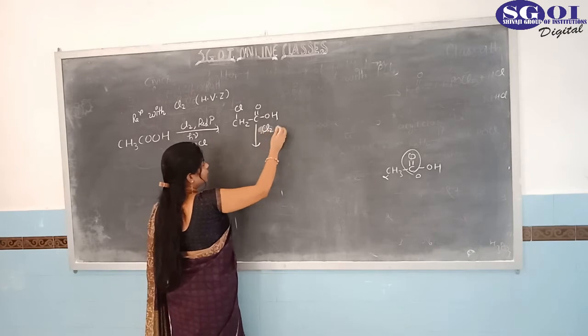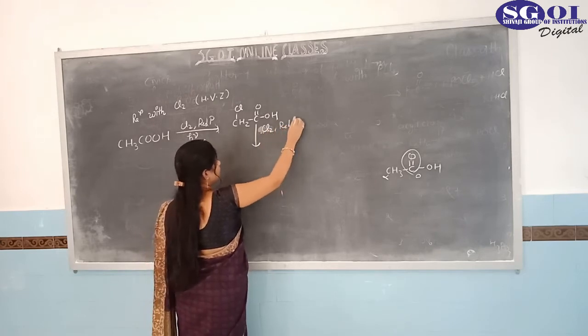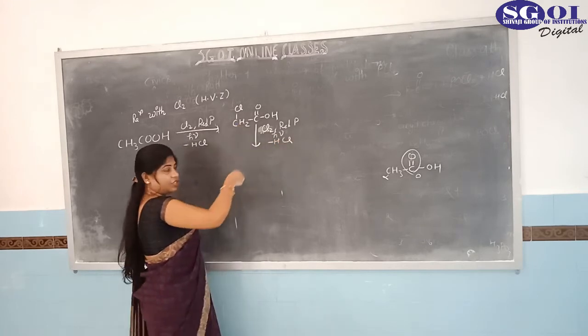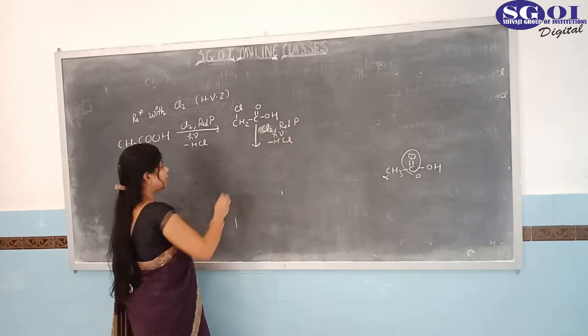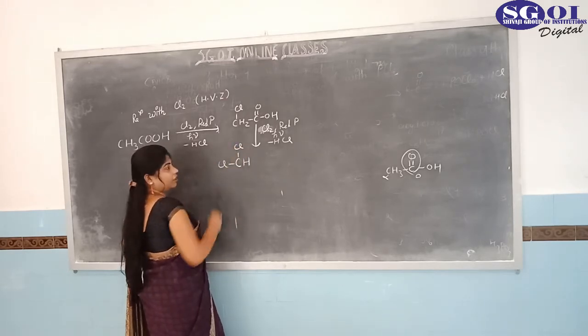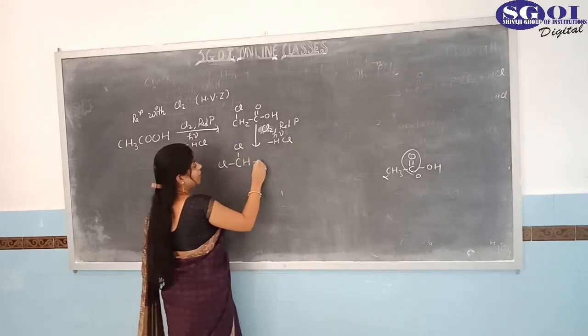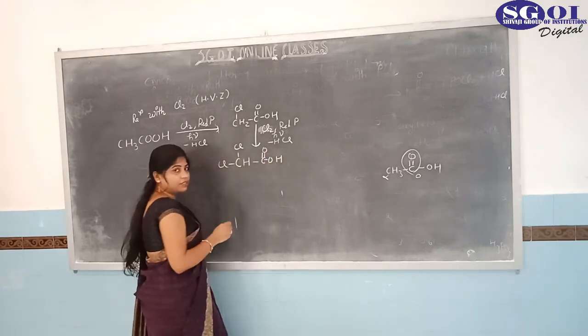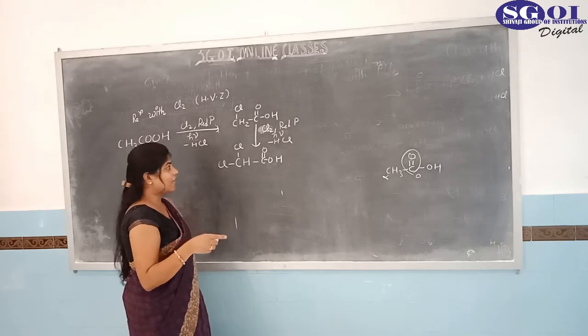Cl2 reacts with red phosphorus in the presence of sunlight. Same reaction takes place and the H is substituted by Cl. What we get is CH, and here 2 Cl are attached with that alpha carbon, and COOH. Its name is alpha dichloroacetic acid.